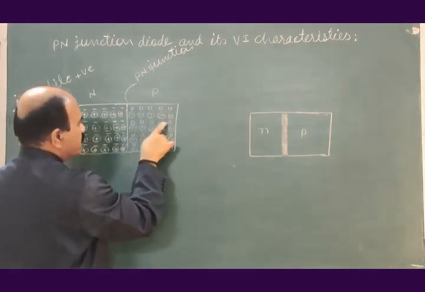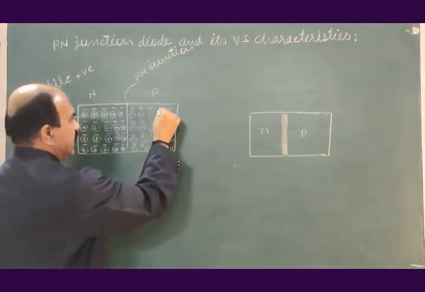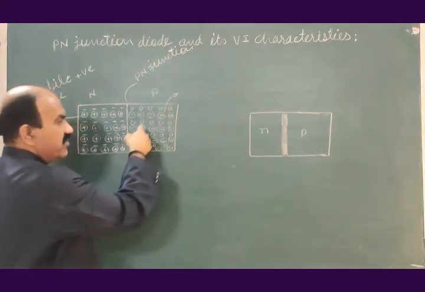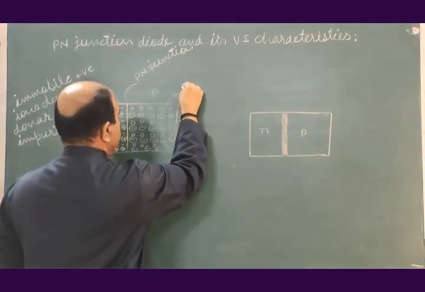These small circles are holes, and what are these circles having a negative sign inside?